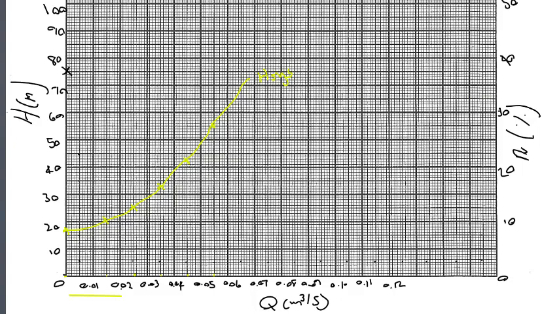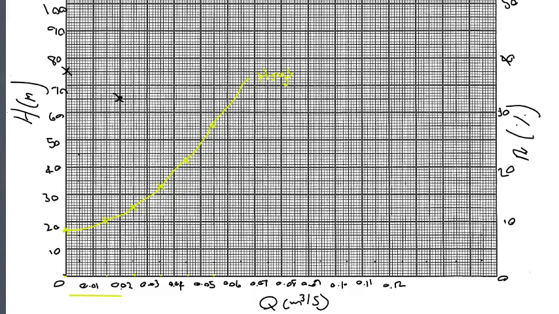At our discharge of 0.015, we have a head value of 65. 65, which is there. Our next one being 0.025.